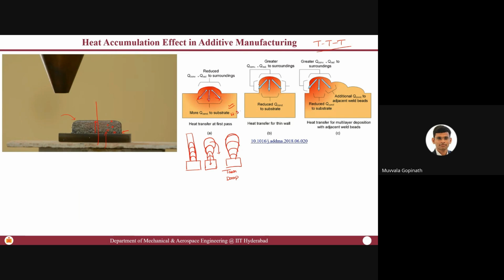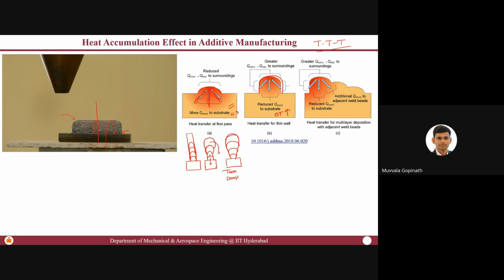Now, subsequent to deposition of a few more tracks, what has happened? One, because of the previous depositions, the temperature of the substrate will increase. Earlier, the deposited track was immediately able to dissipate the heat.